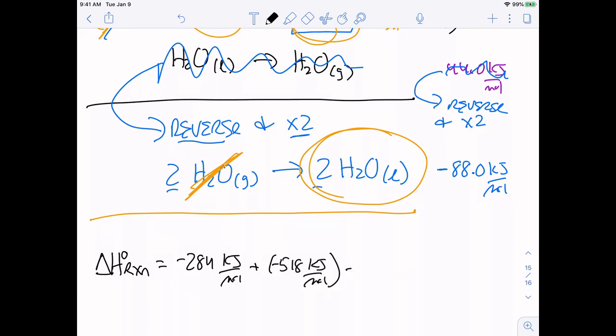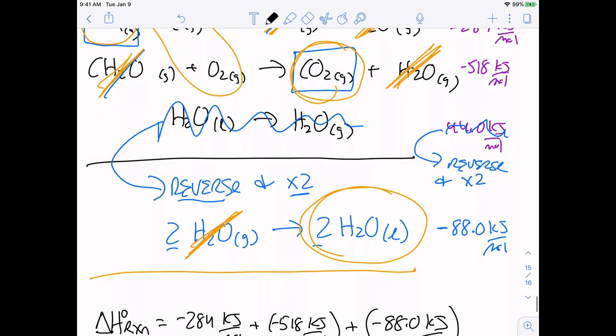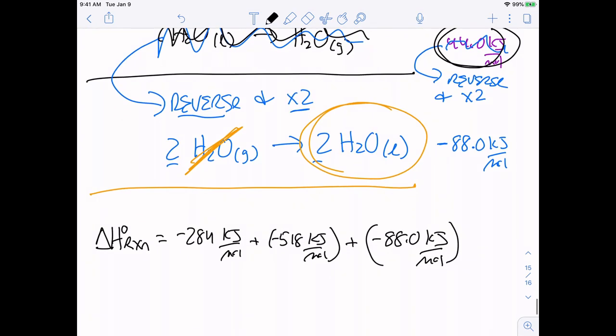And then I'm going to add to that a negative 88.0 kilojoules per mole, right? Not the positive 44, right? Because that's not for a reaction that I used, right? What I did is I reversed it and multiplied it by 2. So that number right there, I reversed it by adding the negative sign and then multiplied it by 2 to get 88. So that's the one I want to add together.